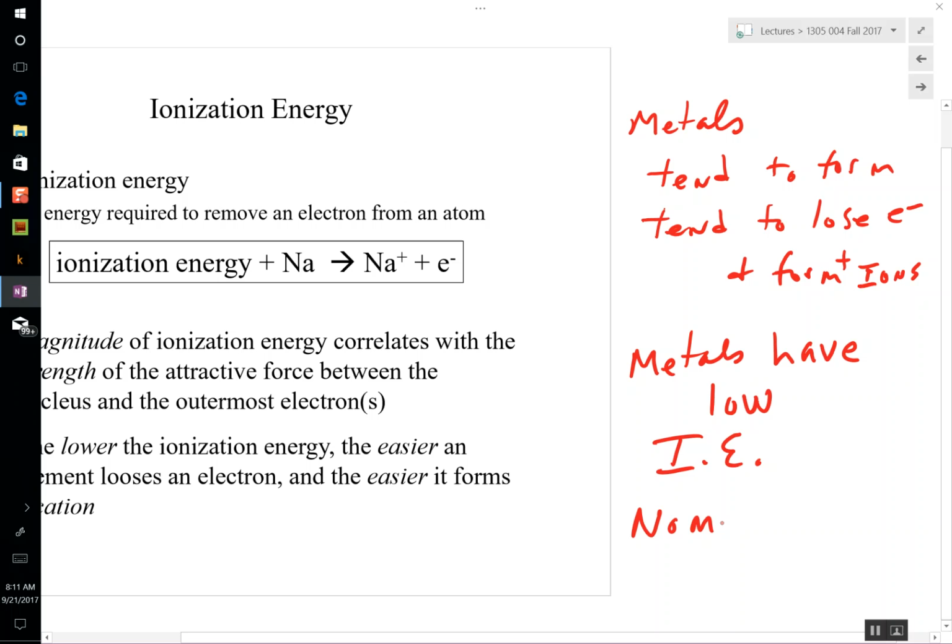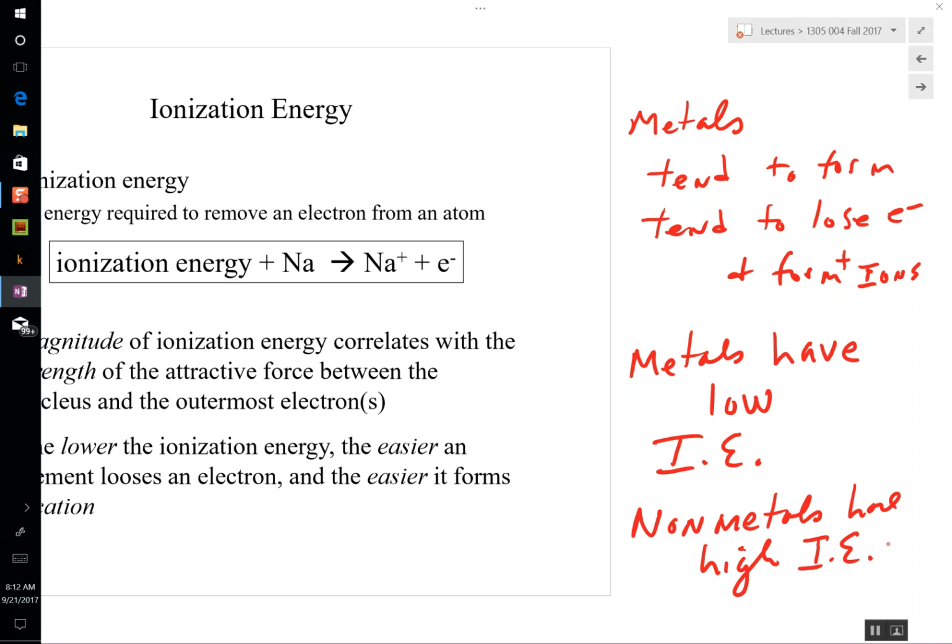Nonmetals have high. It takes a lot of energy to get an electron off of a fluoride ion. It doesn't want to give up an electron. It wants another one. It has 7 in the outermost energy level.